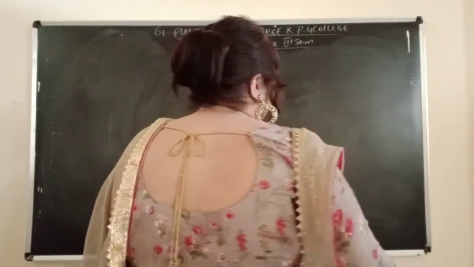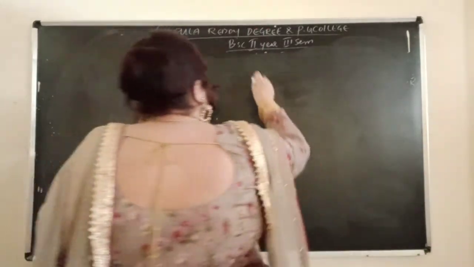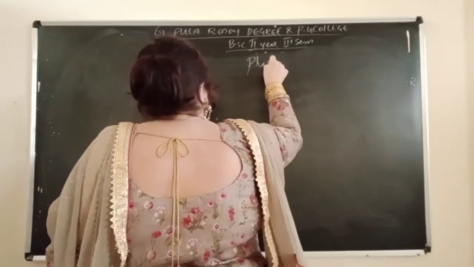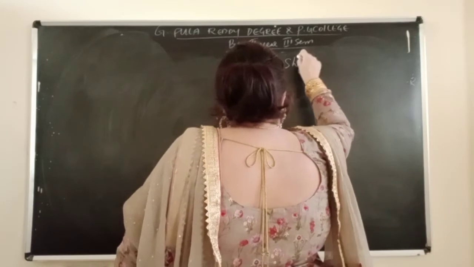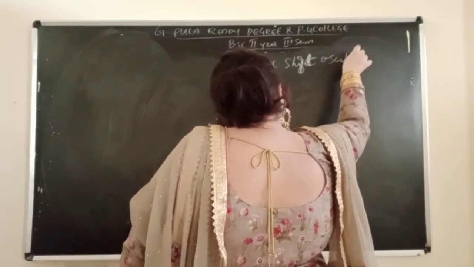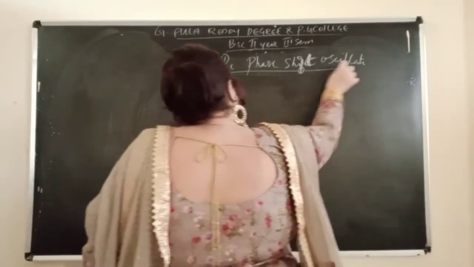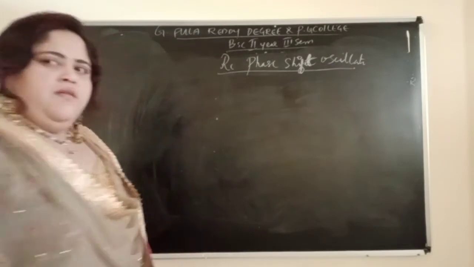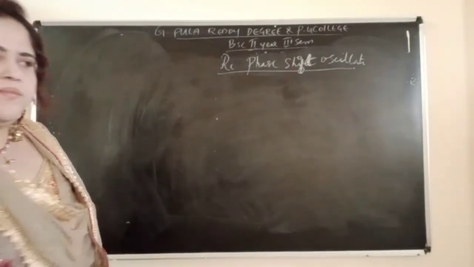Then we will go for operation. RC phase shift oscillator circuit diagram. Now, how I am drawing, you just remember it.